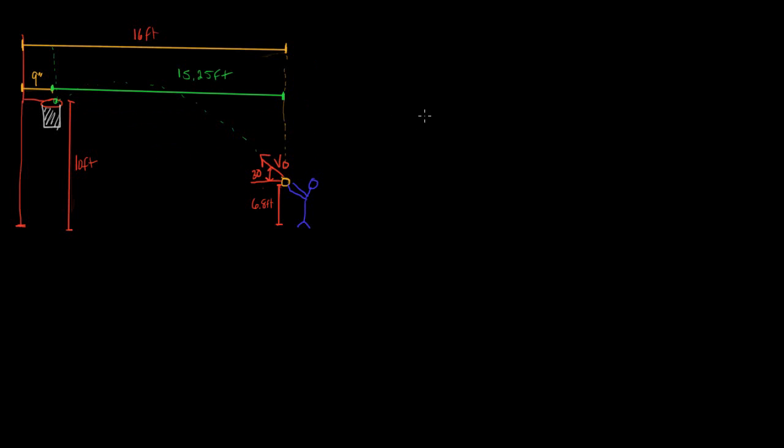Okay, so if we have an initial velocity, and this initial velocity is v naught, it's going to have these two components. It's going to have a v naught initial velocity in the x direction, and an initial velocity in the y direction, and that's right here.